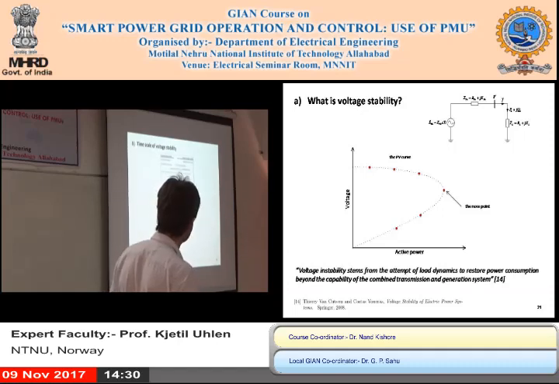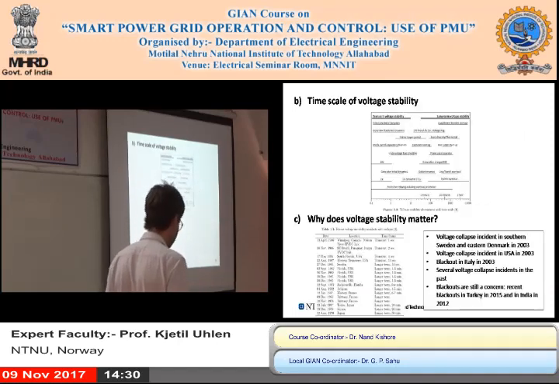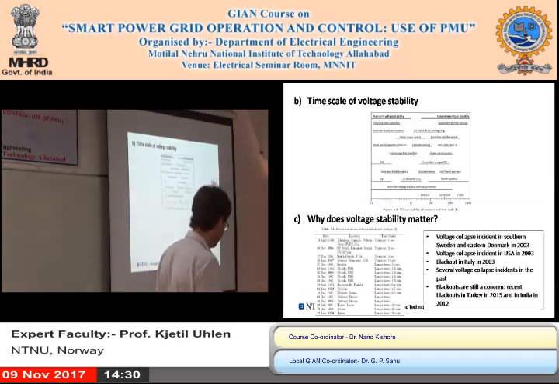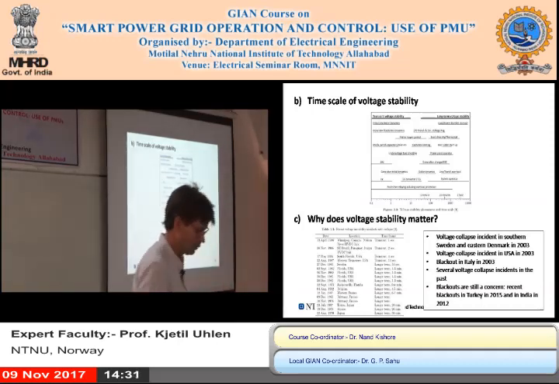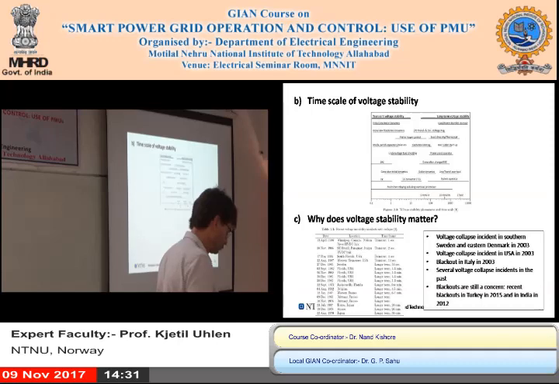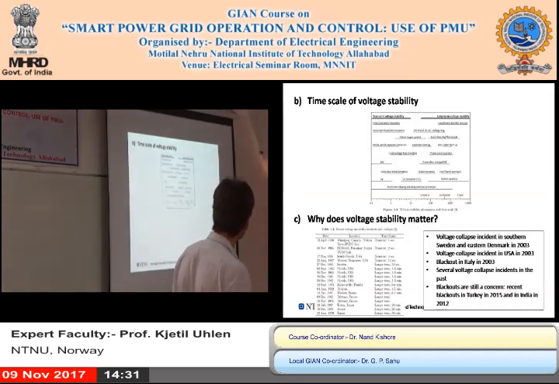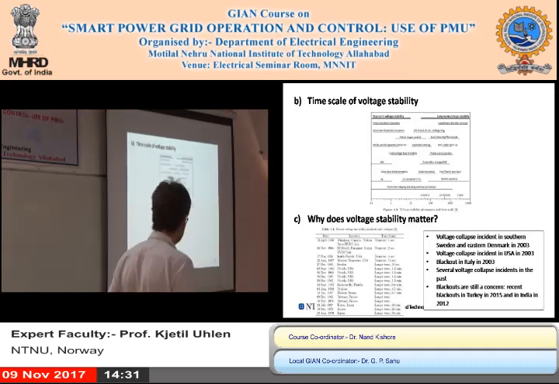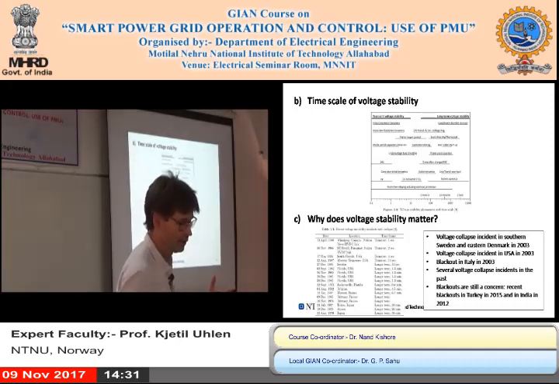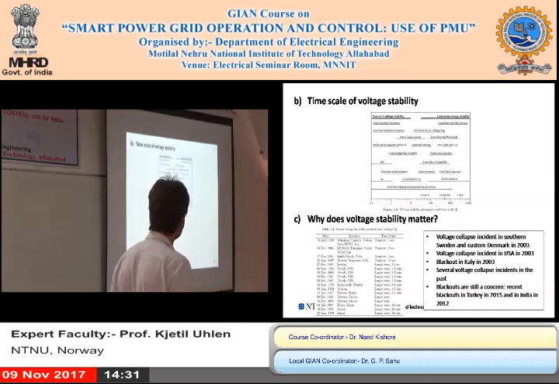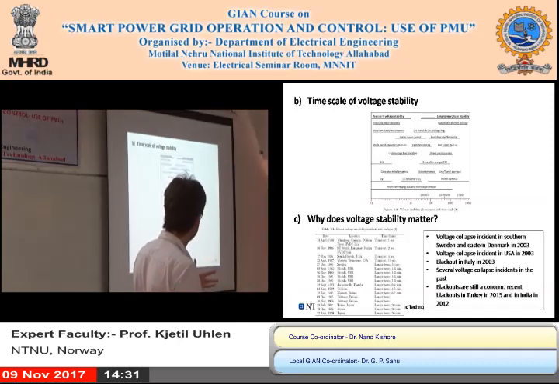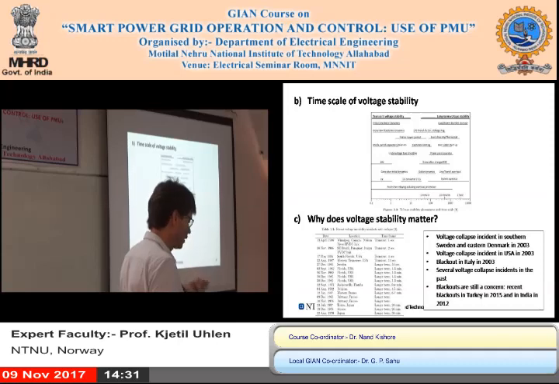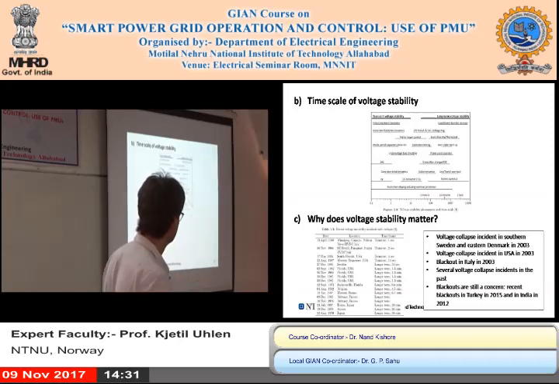Voltage instability incidents can happen over different time scales, from the very short term due to too high motor loads, for example, or there can be a long-term effect due to slow recovery of load when the system has been weakened.